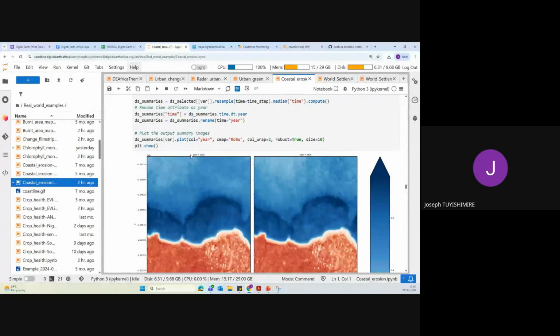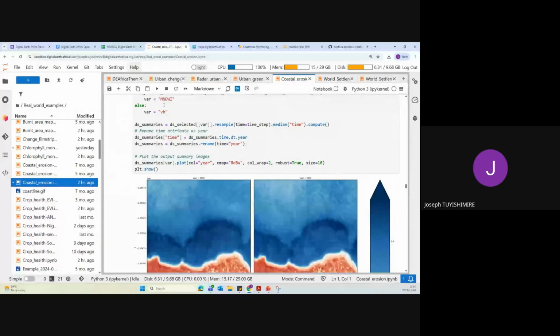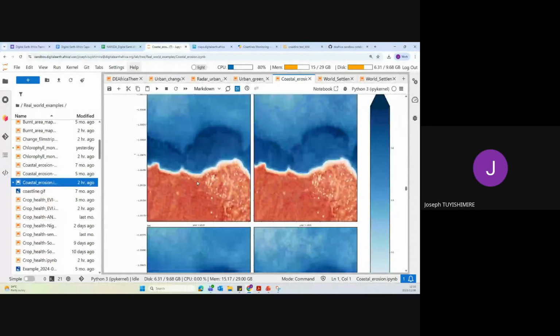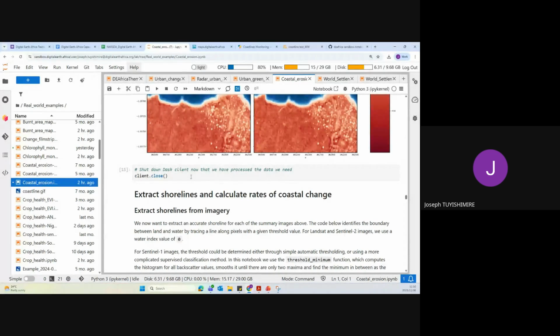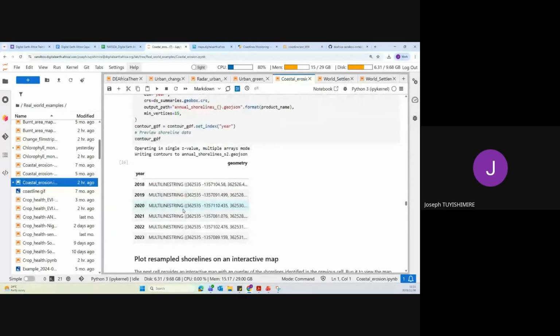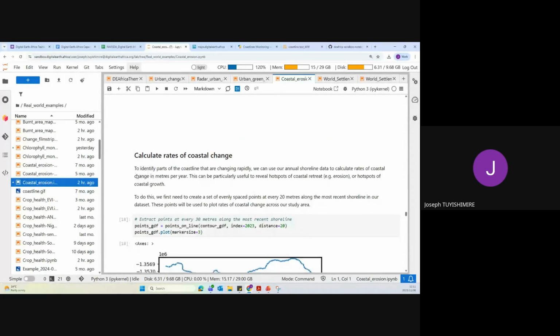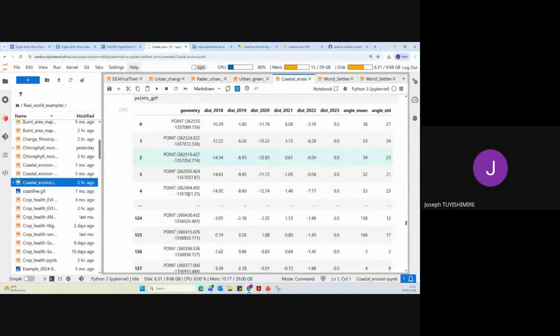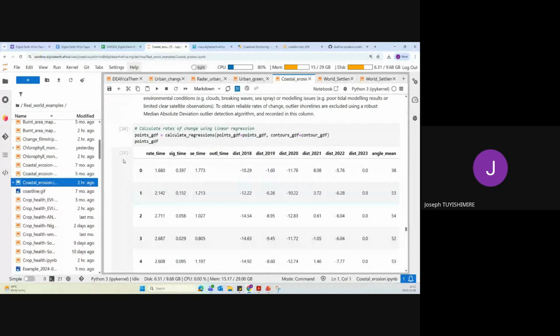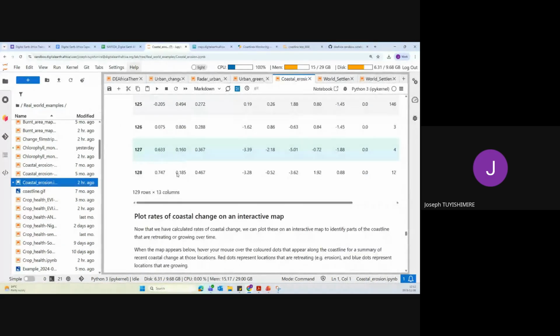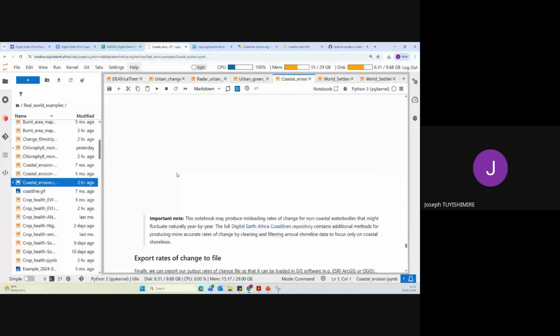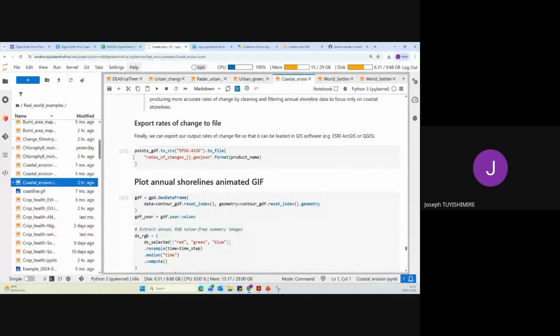Water and non-water are derived from water indices, and then you can build the time series. You can extract the shoreline for each year, plot the shoreline on an interactive map, and then even export this shoreline as a table of statistics.